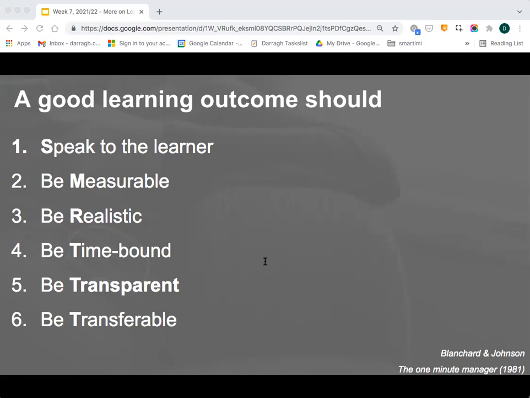It should be realistic, in that learners who complete it should be able to demonstrate the knowledge and skills addressed. It should be time bound, so there should be a deadline, and that's usually by the end of the course. It should be transparent, easily understood, and transferable, in that it should tie into the wider world.